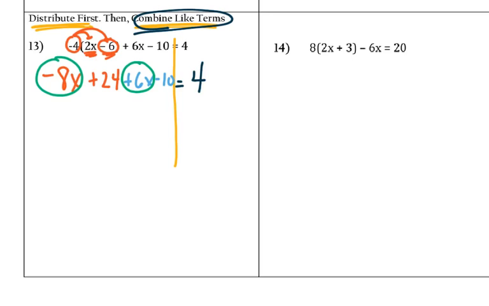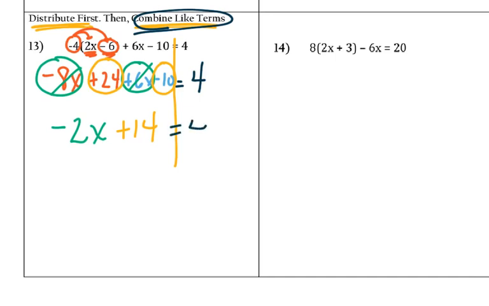So in your calculator, you can do negative 8 plus 6. That's the number -2 with an x. I combined like terms. I have more like terms, a positive 24 and a minus 10. 24 minus 10 is the number 14.